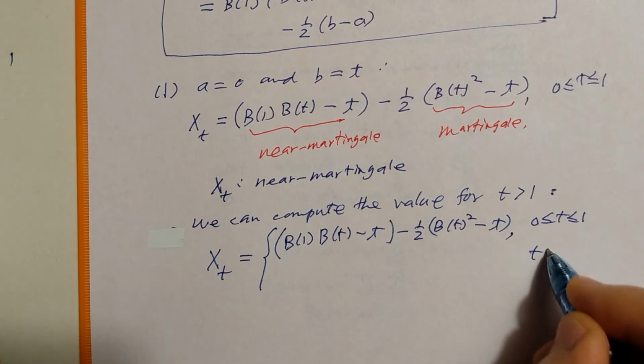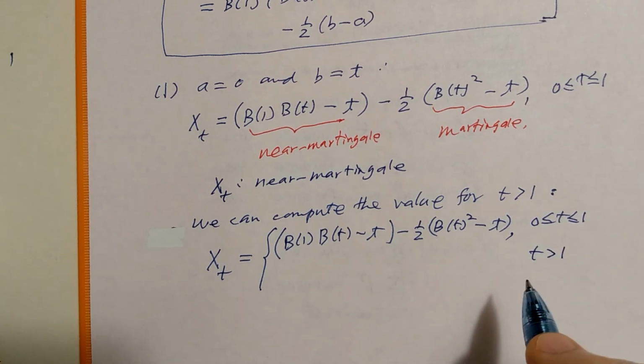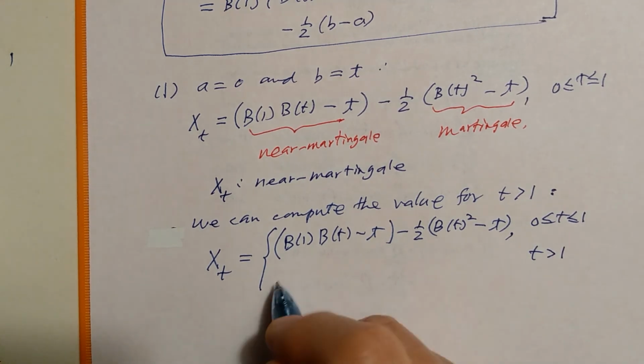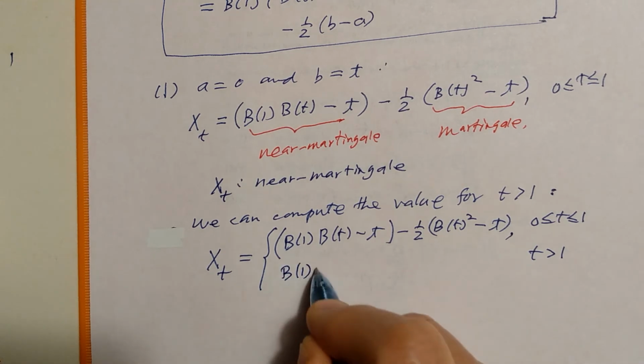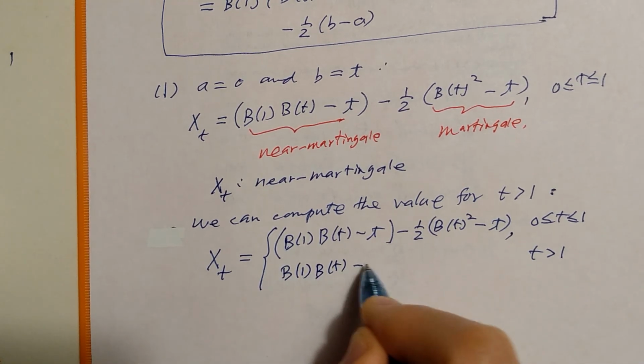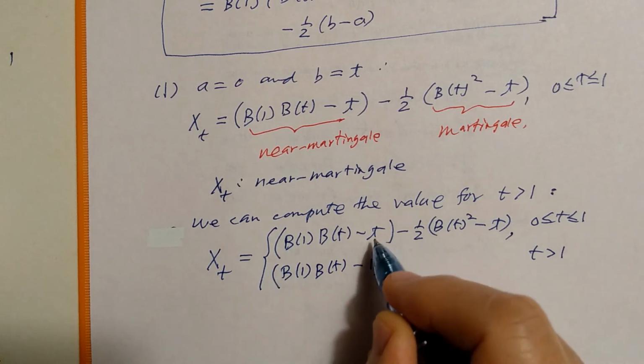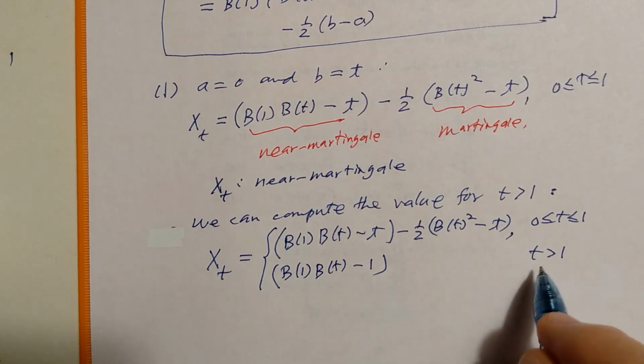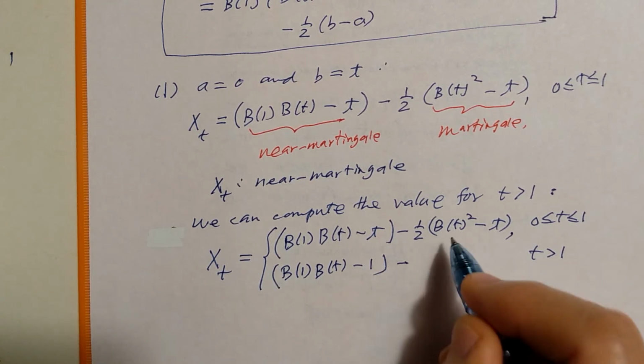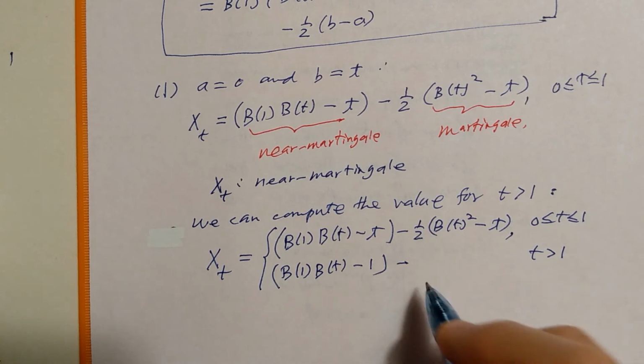And when t is greater than 1, what do we have? We have B1 (Bt minus 1). So you see this t remains 1 when t is greater than 1. And the second term is within Ito theory, the same.